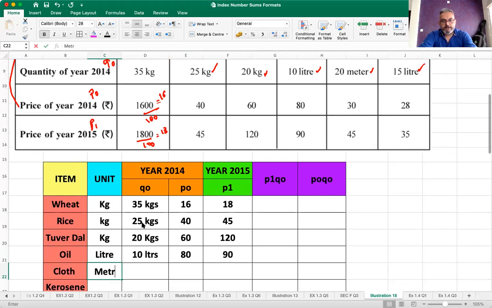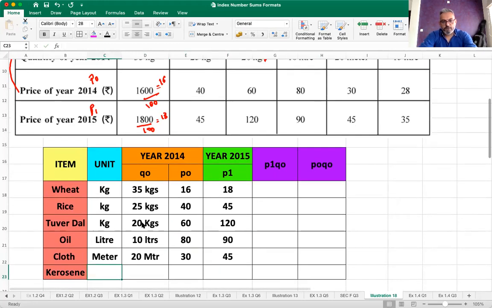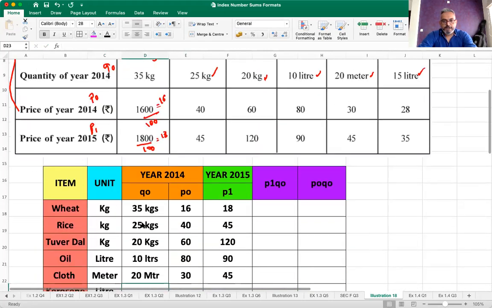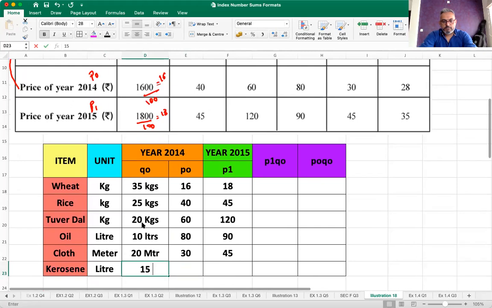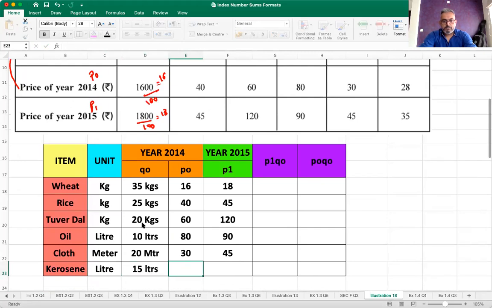Cloth, meter, 20 meter, 30 rupees, 45 rupees. And kerosene, liter, 15 liter, 28 rupees, 35 rupees. So we are ready with the question.